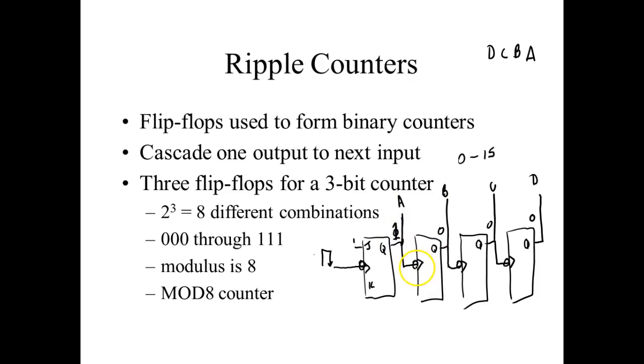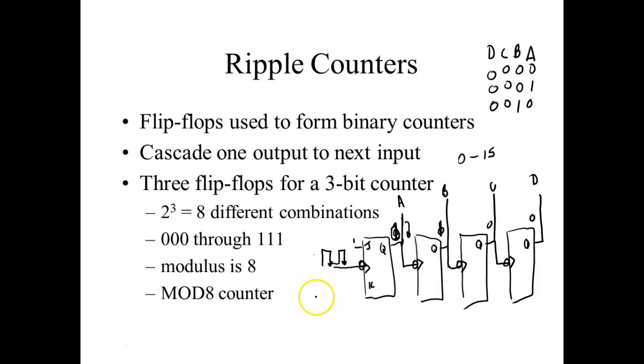Nothing happens here because it's looking for a low going edge, right? On my next pulse, this goes to a 0, and this one sees a falling edge, so its output goes to a 1.